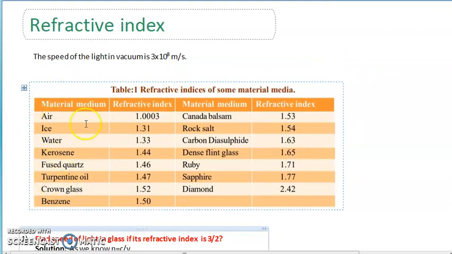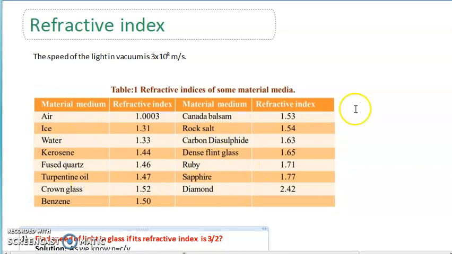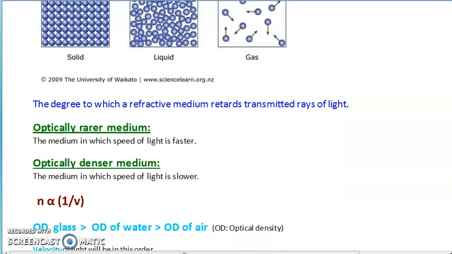These all act as materials, so how do we get the optical density of a particular material? We will get that optical density just by taking the refractive index.